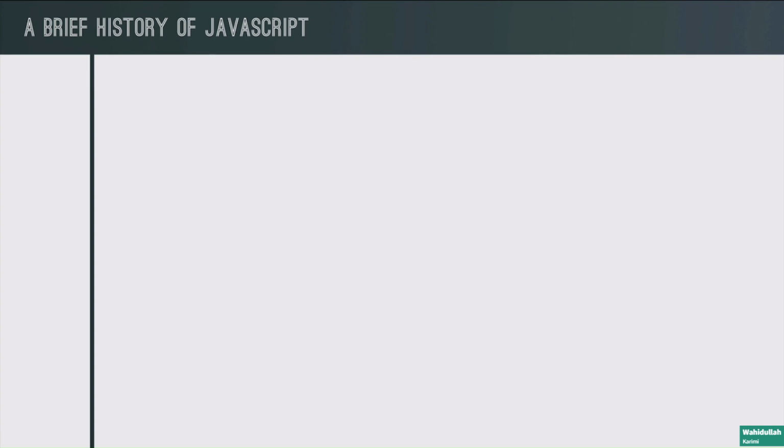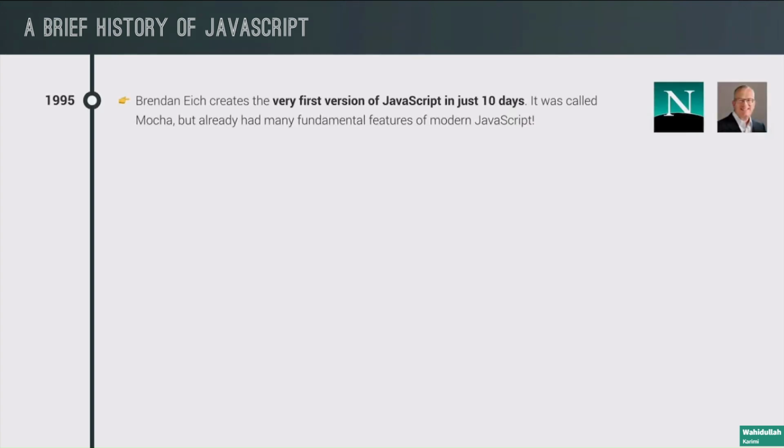So in 1995, the Netscape Navigator, which by the time was the dominant browser, hired a guy named Brendan Eich to create the very first version of JavaScript in just 10 days. It was called Mocha, so not JavaScript yet, but it already had many of the fundamental features that modern JavaScript has today. So that's very impressive that he basically created this first version in really just 10 days.